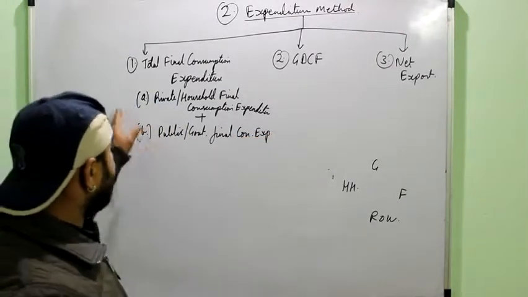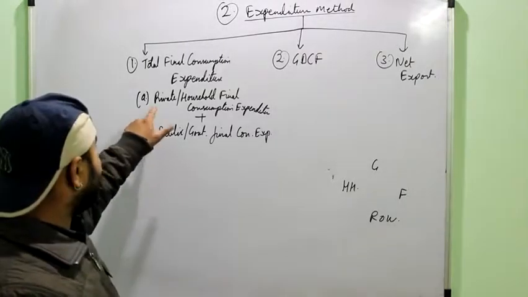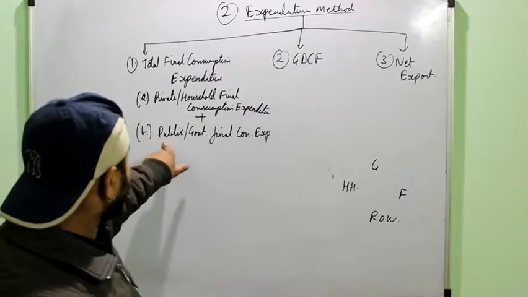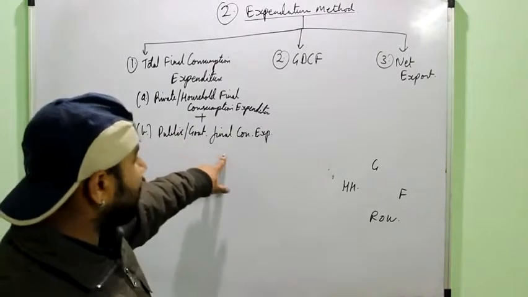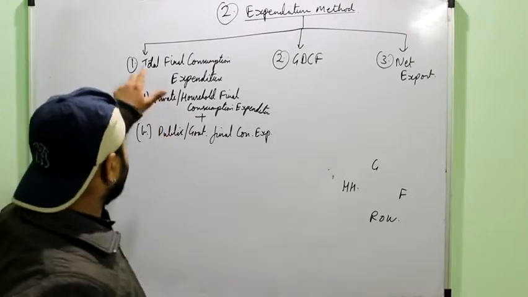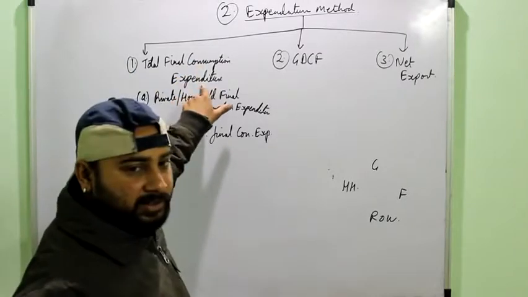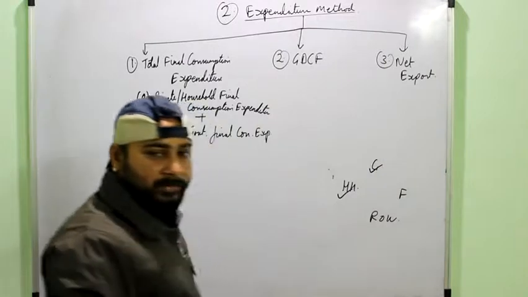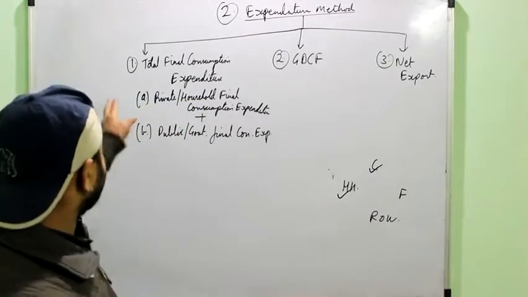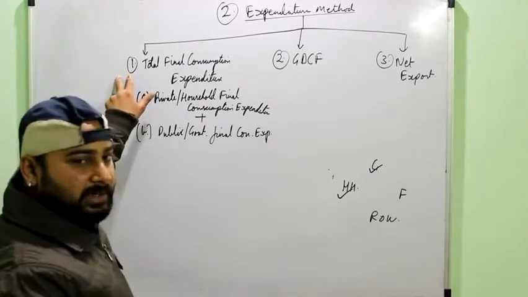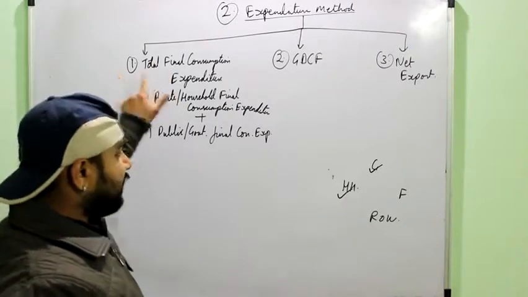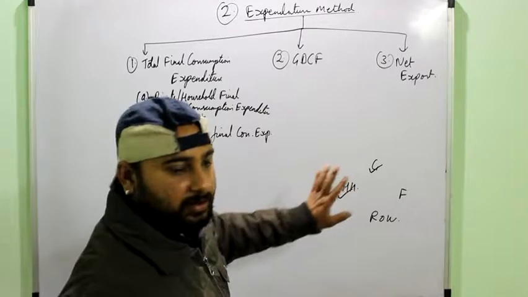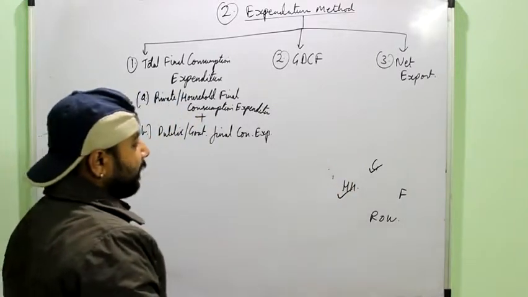Again, these two would be given to you in the question. So first you will add the private or the household final consumption expenditure and the public or the government final consumption expenditure. When you add them, you will get the total final consumption expenditure in the economy. It means we have included the household sector and the government sector, right? Or you can say the first element of the expenditure method tells us the sum of the expenditure done by the household and the government on final goods and services.